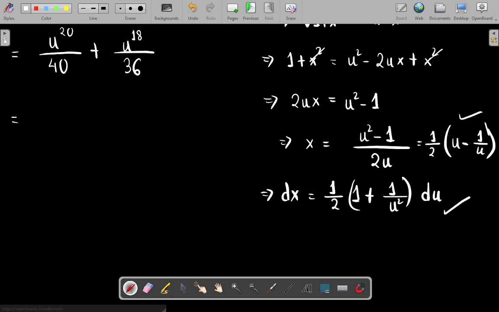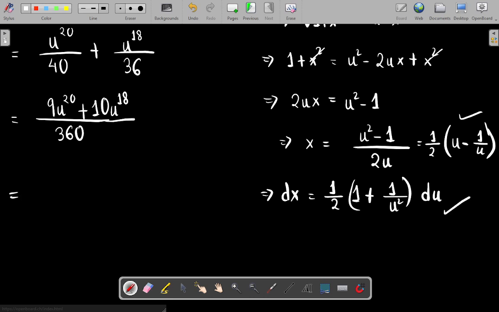So the LCM of these two terms, 40 and 36, is going to be 360, and this will become 360 by 40 is 9 times, so this is 9 u to the power 20 plus this is 10 times u to the power 18.